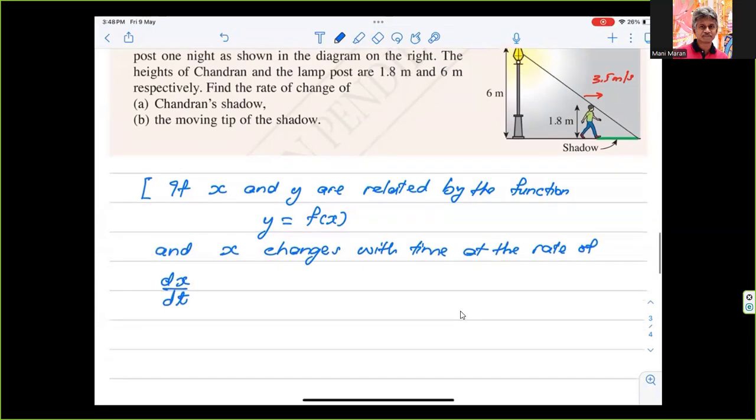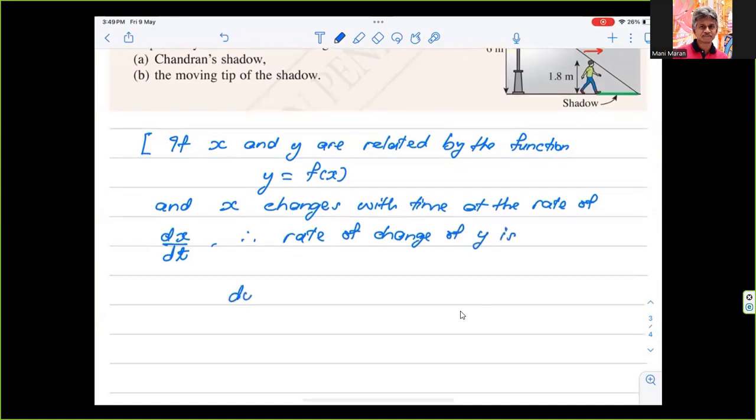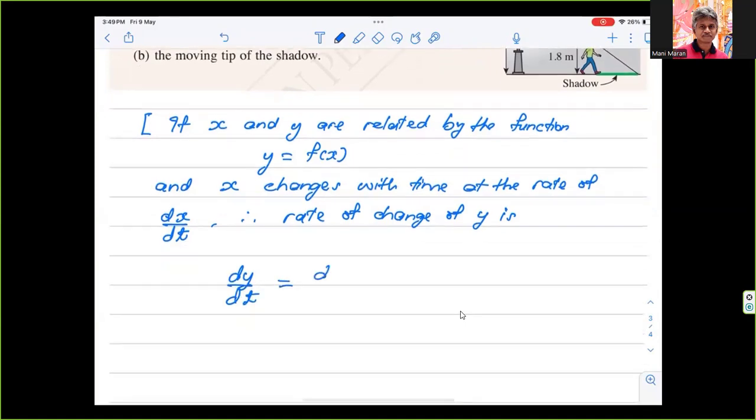Because x and y are related and x is changing with time at the rate of dx by dt, y will also change. Therefore, the rate of change of y is given by dy by dt, and this value is given by dy by dx multiplied by dx by dt.